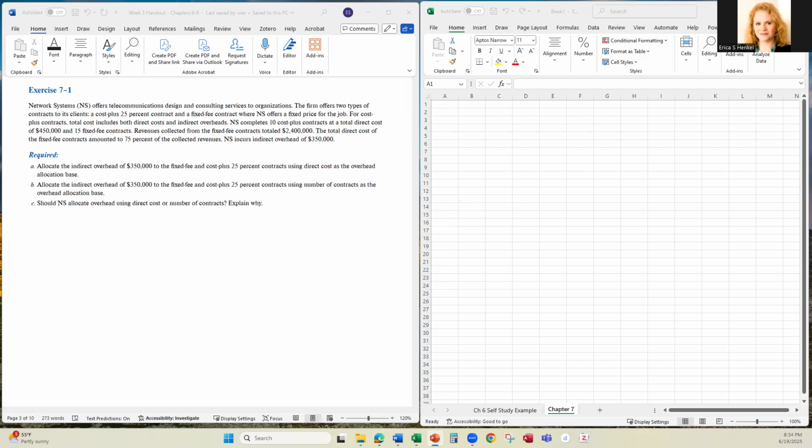So we need to figure out how to allocate this overhead of $350,000. But first we need to figure out what we had in terms of direct costs here.